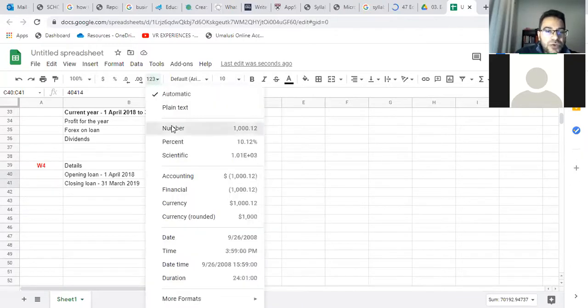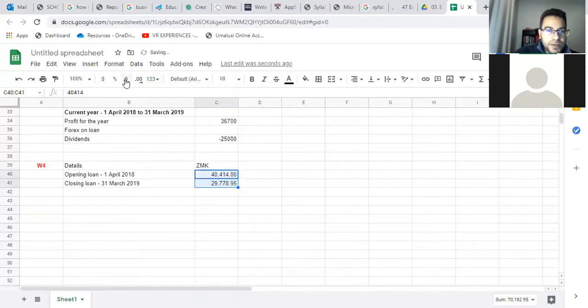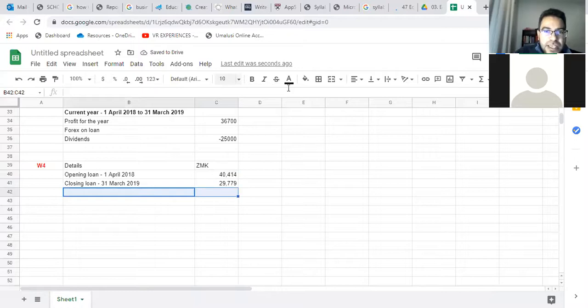Now, what we're going to do is the following. We need the change in foreign currency. The change in balance is the difference between the two, so it is that minus that.